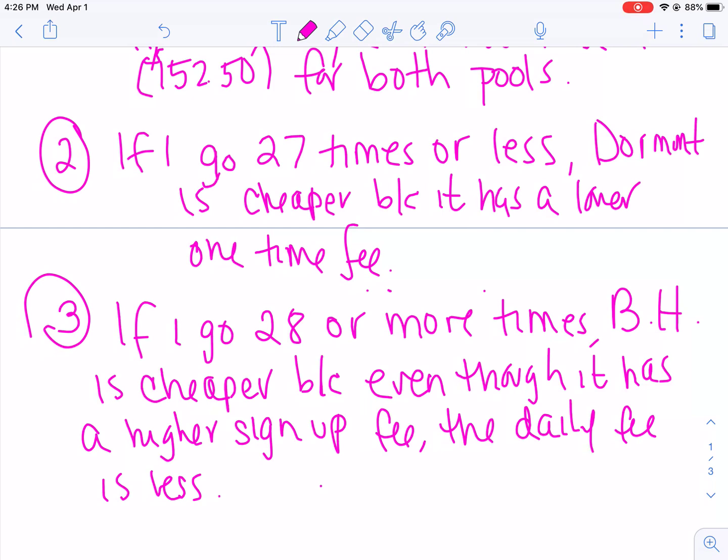All right, the daily fee being that $1 versus the $3 each time you go for Dormont.